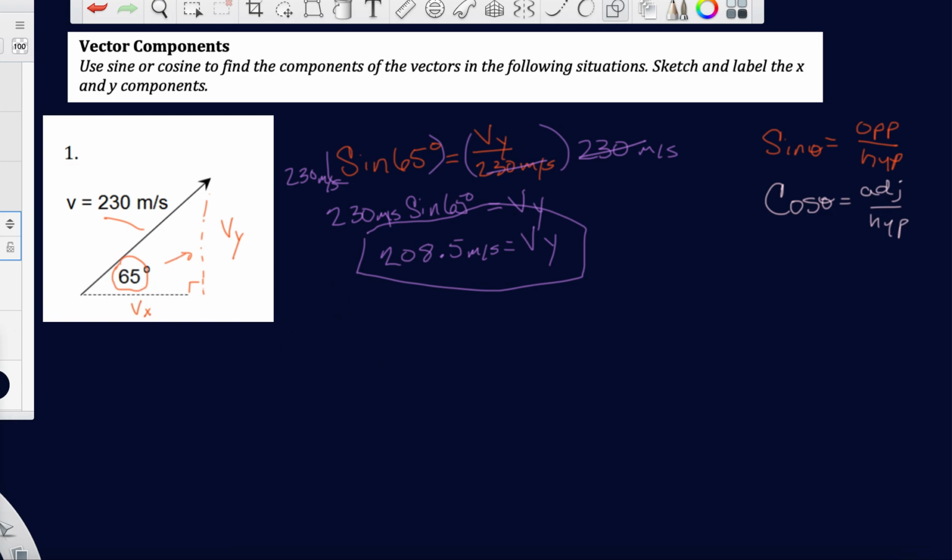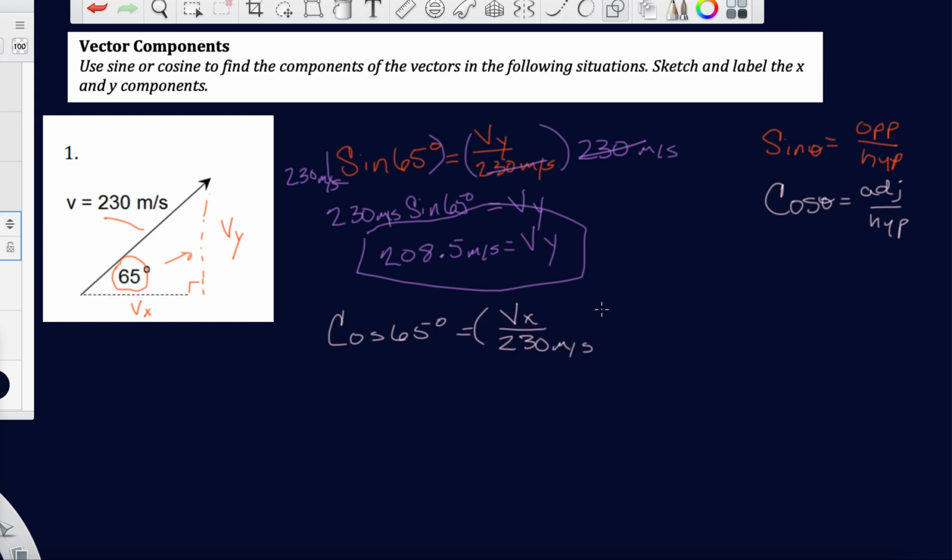Well, our horizontal, we said, was cosine. So we said the cosine of 65 is going to be equal to Vx, that's our adjacent side, over 230 meters a second.